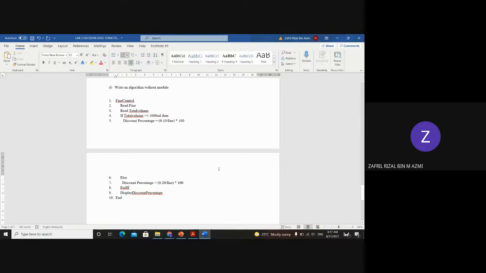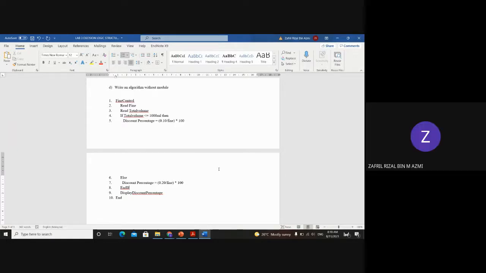Okay, overall good. Any question, class? You're not going to see a written test question like this, this is only for exercise. If we write an algorithm, do we need to put the numbers beside it, the 1, 2, 3, 4, 5?